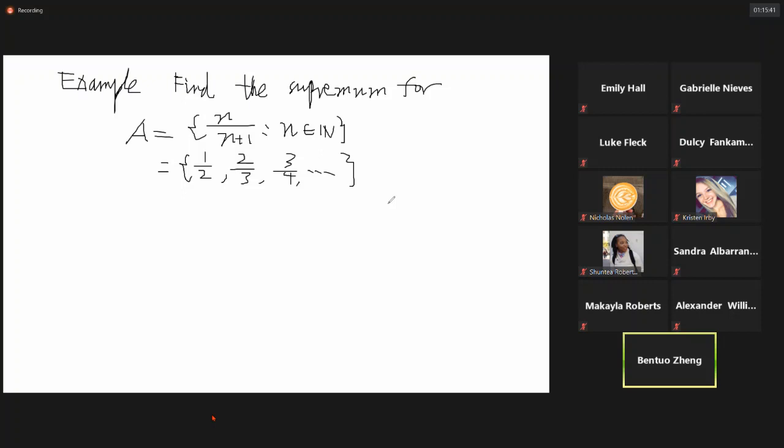So to find out the supremum, you first have to determine whether the set A has an upper bound. If you observe this pattern, you can see A certainly has an upper bound. For example, 2 is an upper bound.